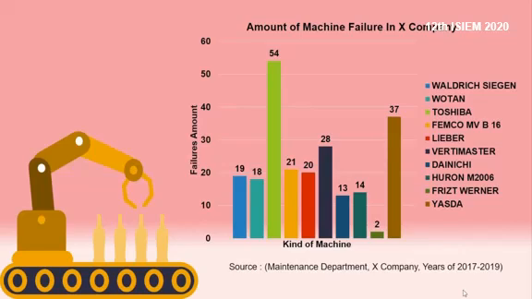When the Toshiba machine breaks down, it can disrupt the production process and cause losses for the company. Therefore, we need to evaluate the condition of the Toshiba machine. In this research, evaluation is carried out by measuring the effectiveness of the Toshiba machine and then analyzing the cause of the breakdown.